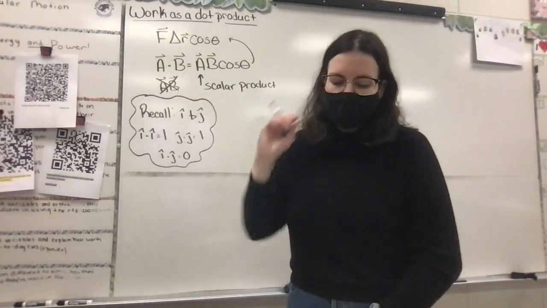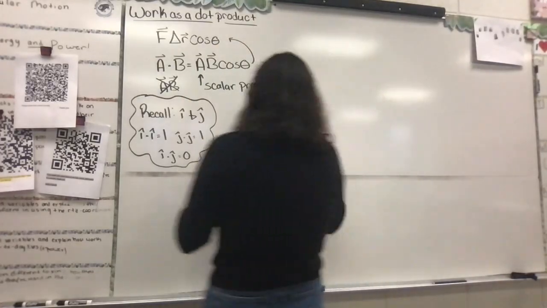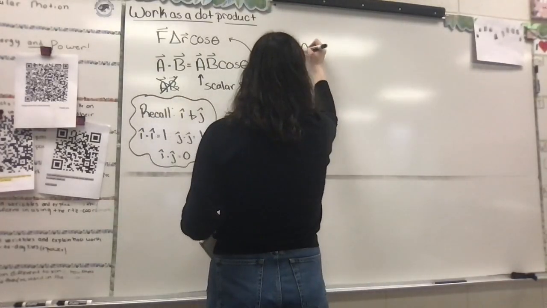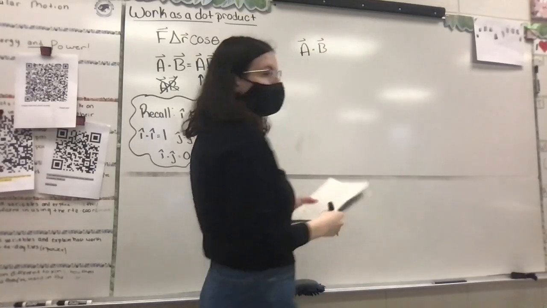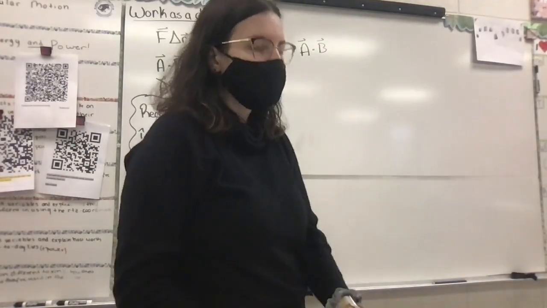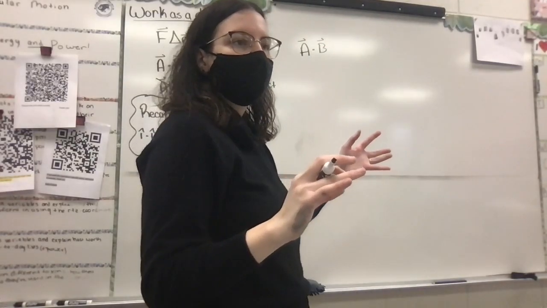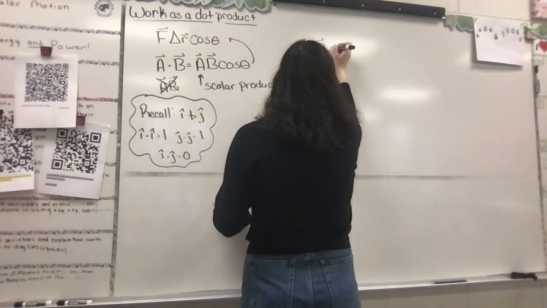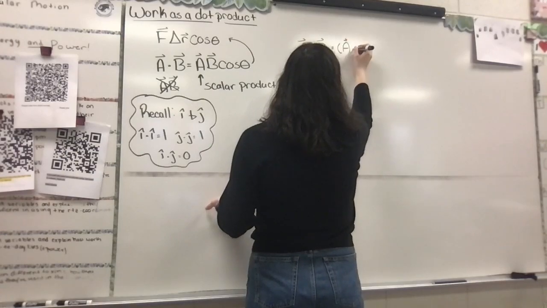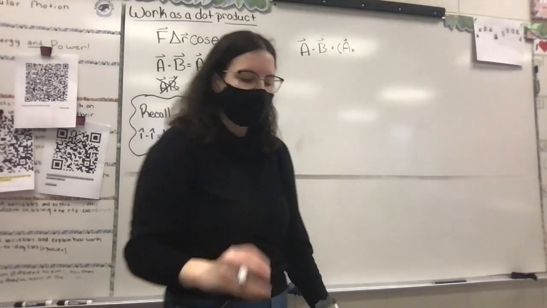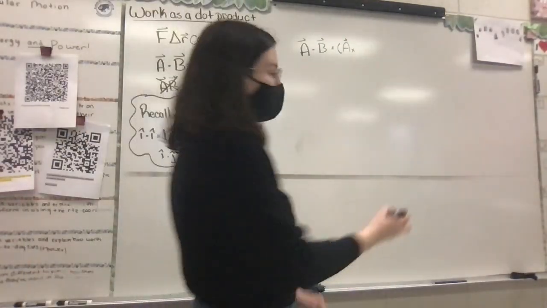The other way that you can think about the dot product is like this. We've got A dot B, and each of these, don't they have an X and a Y component, because they're vectors? So you can look at these like AX. Do you remember if X is i hat or j hat? It's i hat.